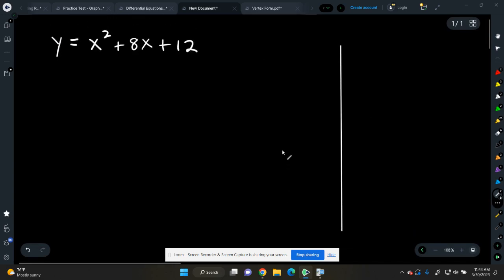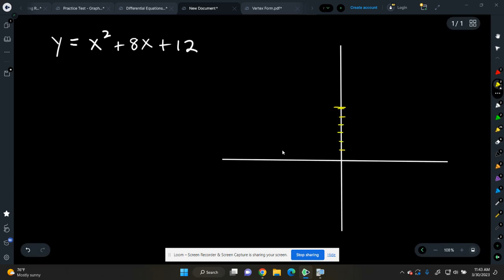Why is that? Well, looking at the equation, what do I know just by looking at the equation? 12. That's the y-intercept. That's where it's going to cross the y-axis. So I know I have to go at least up to 12. 1, 2, 3, 4, 5, 6, 7, 8, 9, 10, 11, 12.